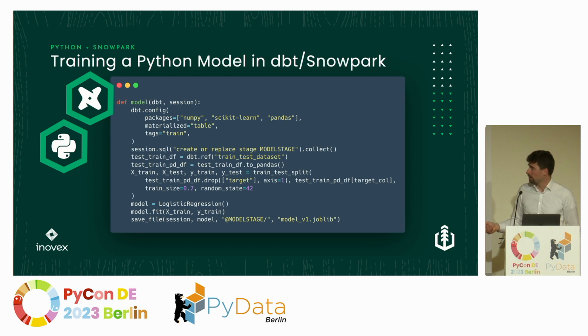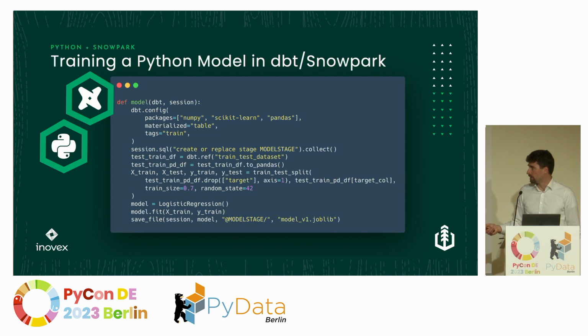And we can, in this dbt context, define the packages we're going to need. So here Python, scikit-learn, and pandas, and how it's going to be materialized. Then we create a model stage. So model stage is just some blob storage in Snowflake, where we can later save our model.